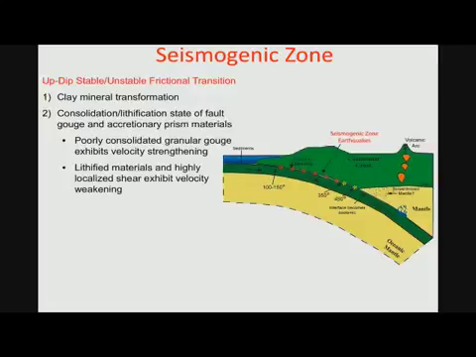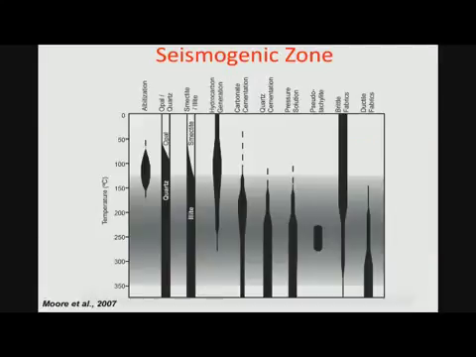frictional transition. I'm going to just show you a slide of some of the processes that have been postulated. This is from quite old work, from Moore et al., but in that temperature range of 80 to 100, 120 degrees, there's quite a few reactions that they pointed out that could be strengthening your rock and therefore causing that transition from stable sliding.